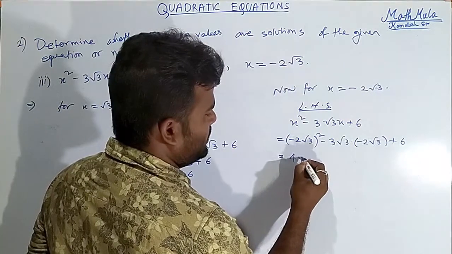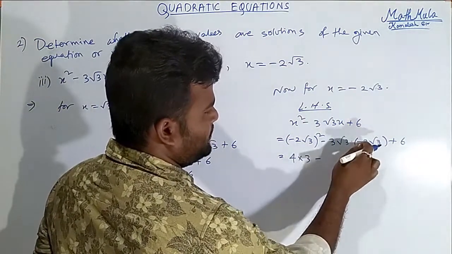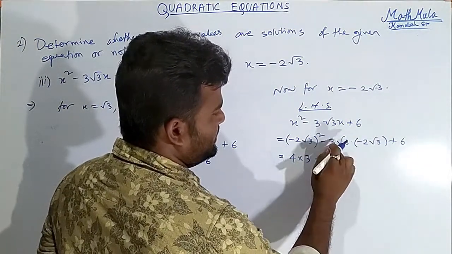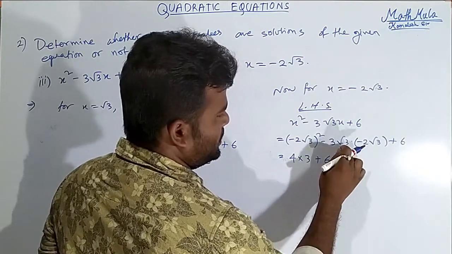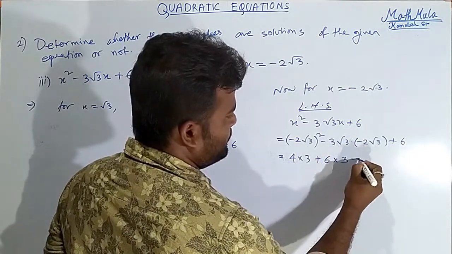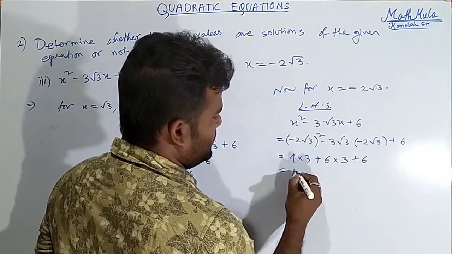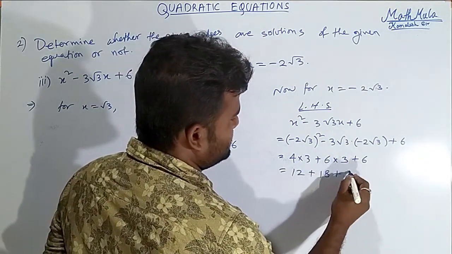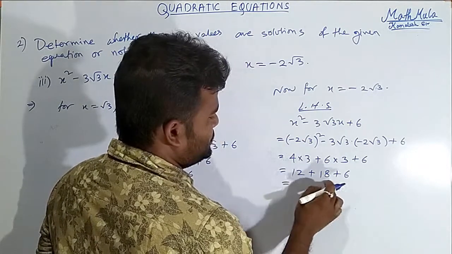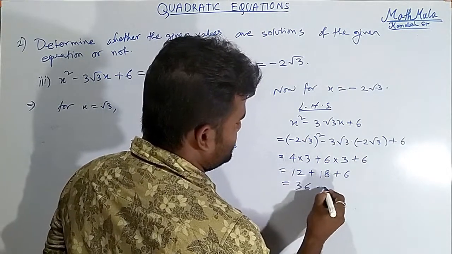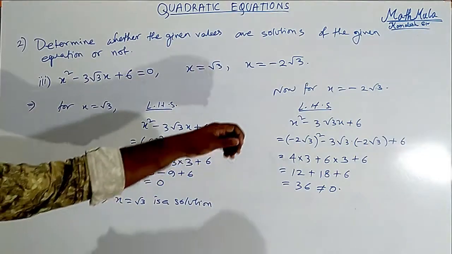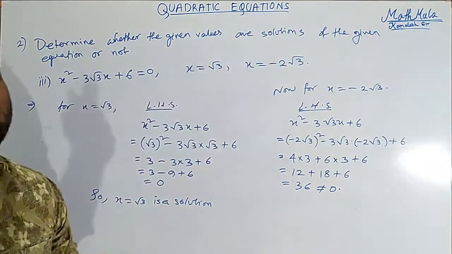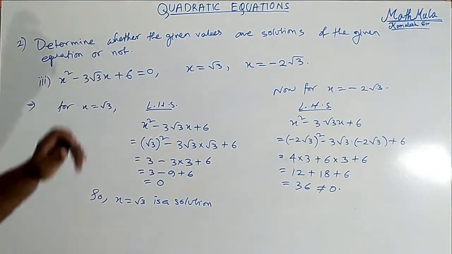It will be 4 into 3, minus minus will be plus, 3 into 2 is 6 into root 3 into root 3, that is 3, plus 6. Now 4 3 is 12, plus 6 3 is 18, and this is 6. And this is equals to 36, which is not equals to 0. So the given value x equals to minus 2 root 3 is not a solution of this equation. That's it.